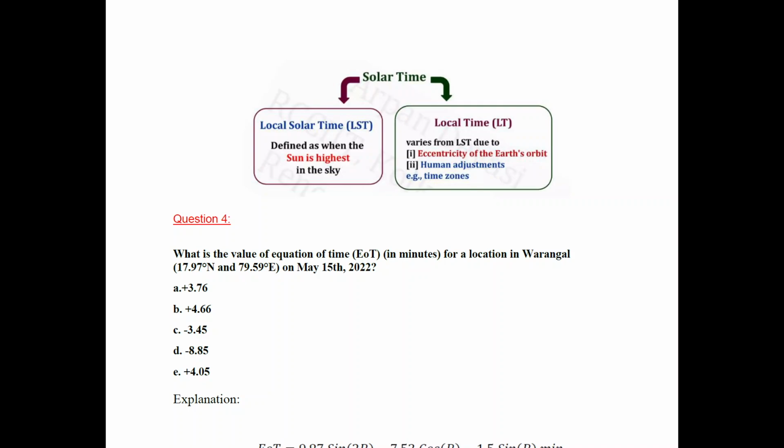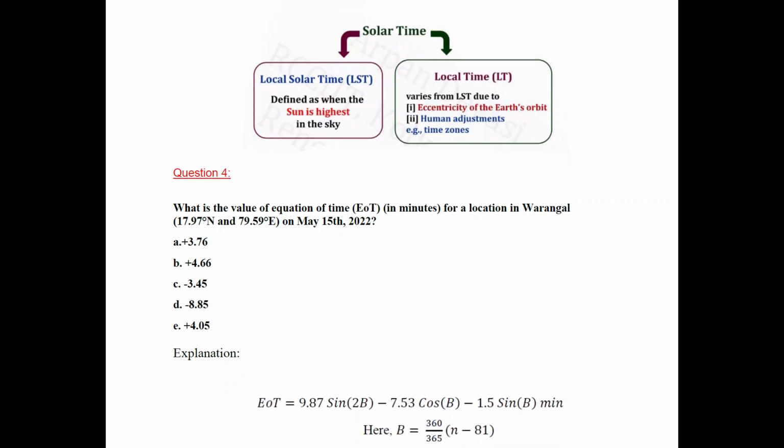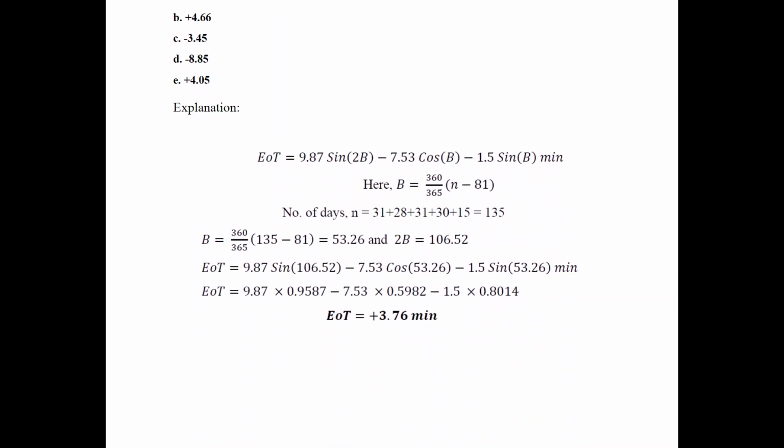The options were plus 3.76, plus 4.66, minus 3.45, minus 8.85, and plus 4.05. Okay, so we know the formula of equation of time. EOT is equal to 9.87 sin 2B minus 7.53 cos B minus 1.5 sin B.